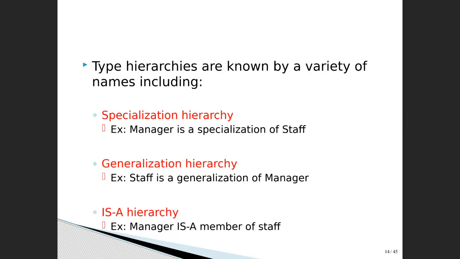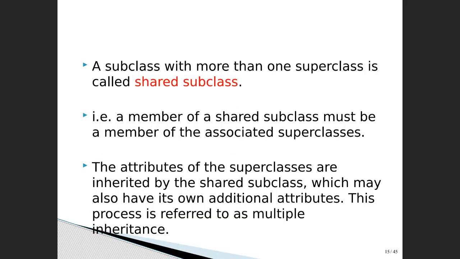And generalization hierarchy is the opposite. Staff is a generalization of manager. And there is an "is a" hierarchy, which is like the relationship among them. So manager is a member of staff. Okay. So these are types of hierarchies.